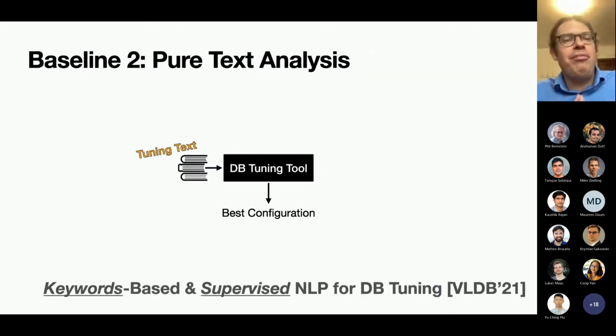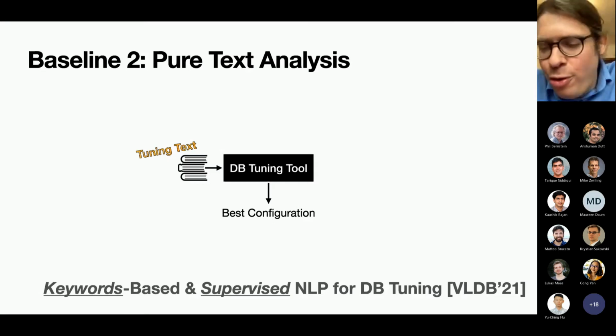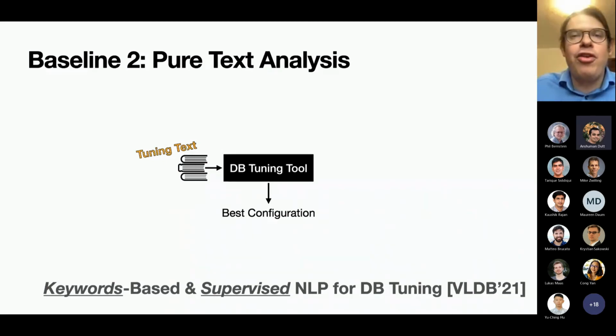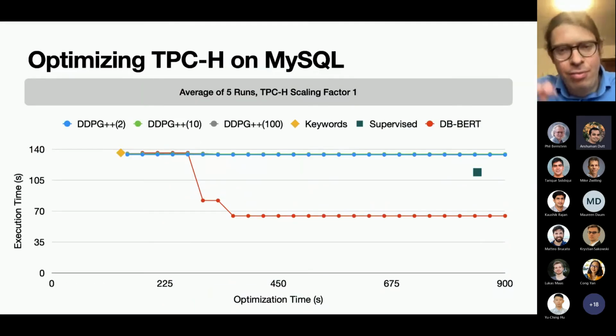The other type of baseline, which I proposed in another recent paper, only uses text in order to make tuning decisions. It will just extract tuning hints from text and then use whichever of those hints are mentioned most frequently in case of conflicts. Now, both of those baselines don't work that well.